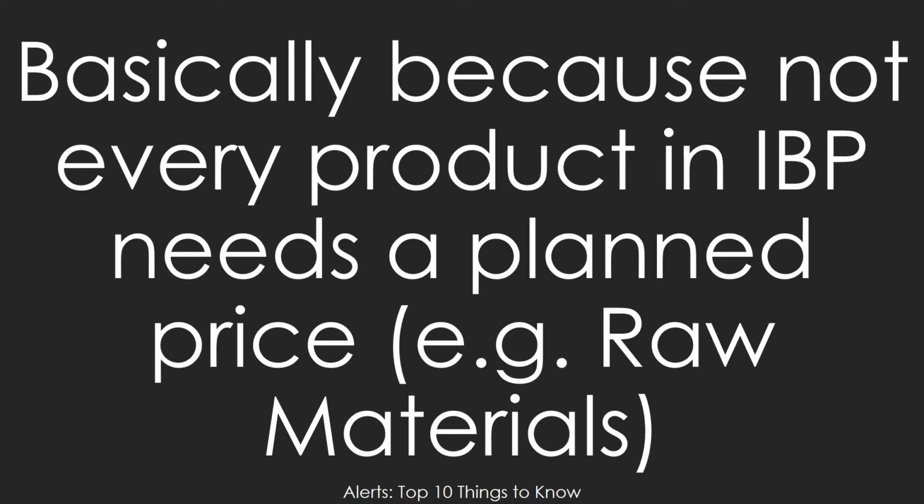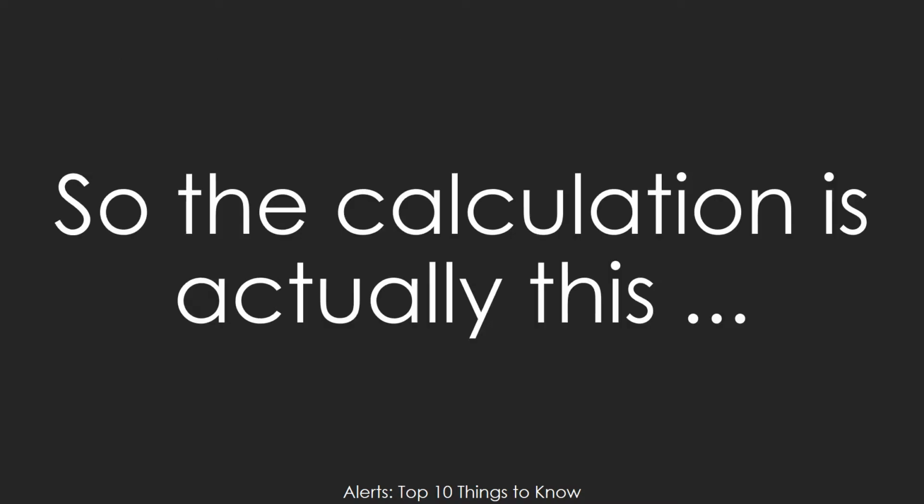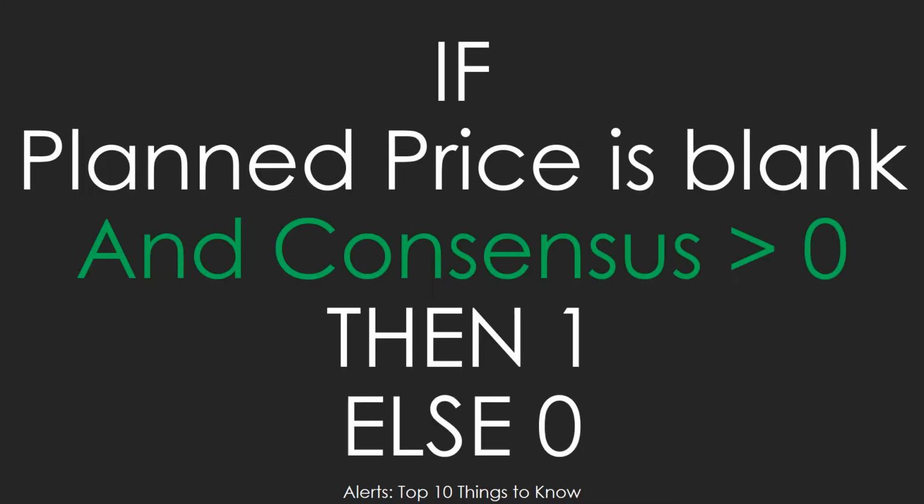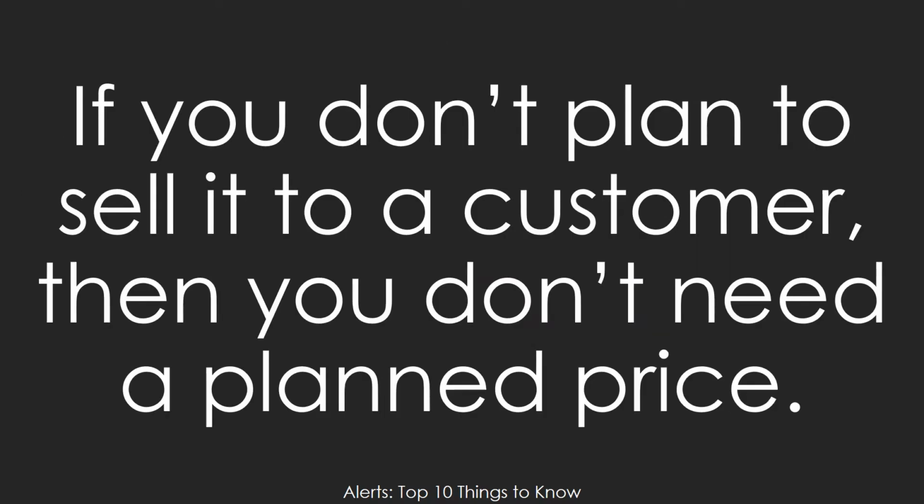Basically, because not every product in IBP needs a planned price, for example, raw materials. So the calculation is actually this. If planned price is blank and consensus demand is greater than 0, then 1, else 0. If you don't plan to sell it to a customer, then you don't need a planned price.